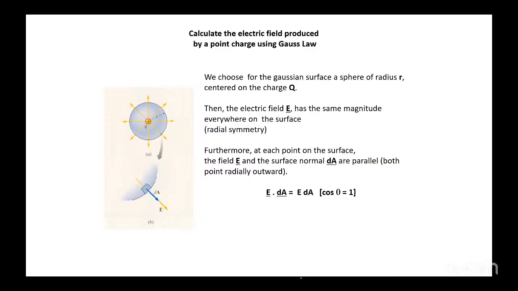At each point on the surface, the electric field and the surface element dA are both normal, parallel together. Then E dot dA means E dA cos theta, theta value 0, because both are parallel. Then you have E dA.